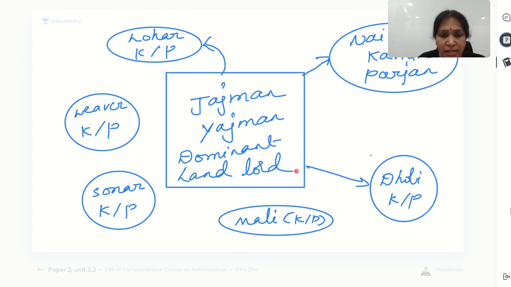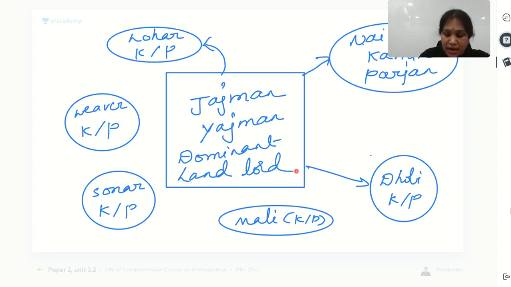In addition to doing all these things, Najeesh, you joined the class just now. Those who help them, cutting the hair, washing the clothes, those castes are called Kameen or Parjan, the opposite word for Yajman. Is it clear?